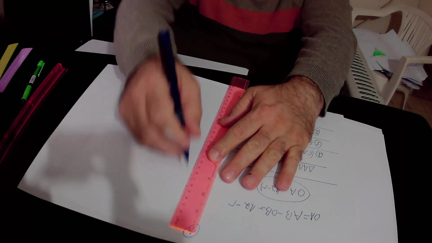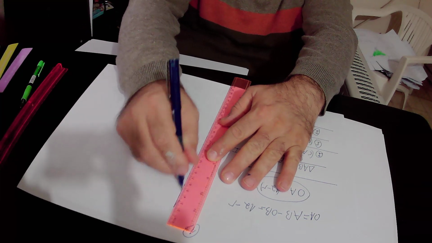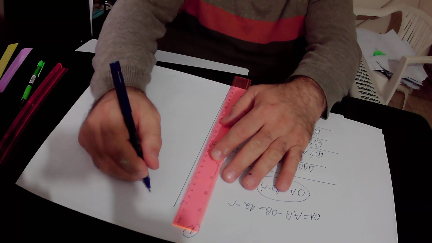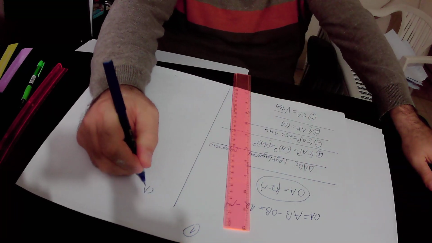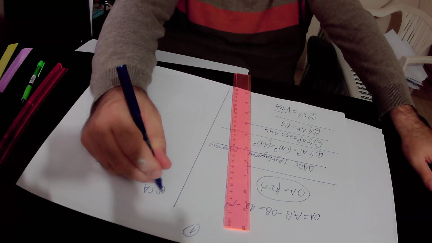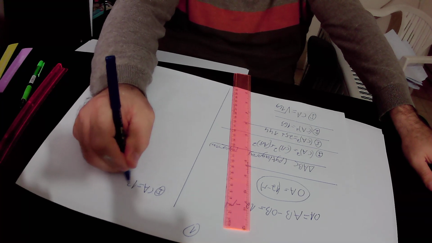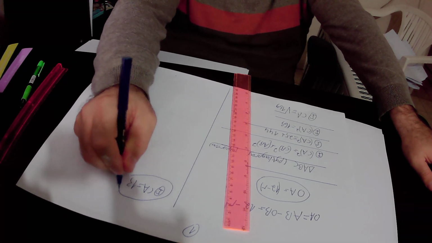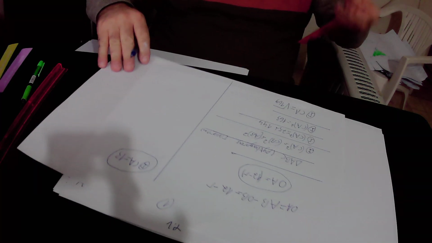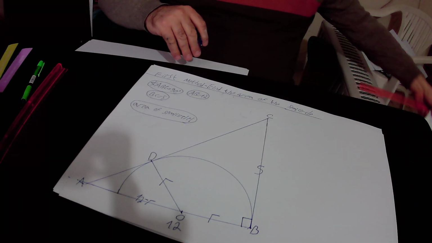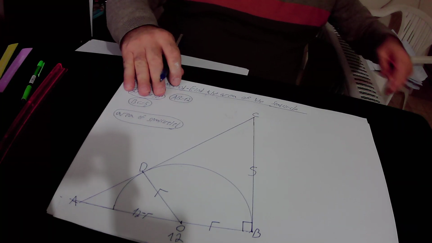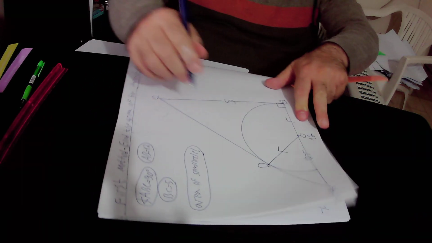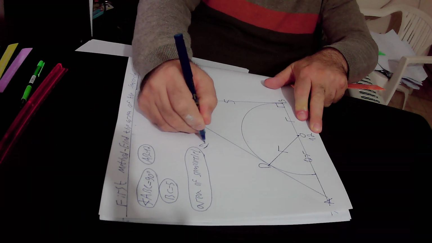So we found out that CA equals 13 units. The hypotenuse of triangle ABC, according to equation number 1, equals 13 units. So we can write here that CA, the hypotenuse of triangle ABC, equals 13 units.